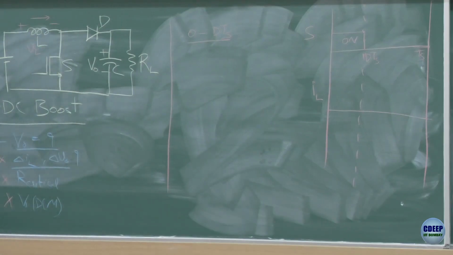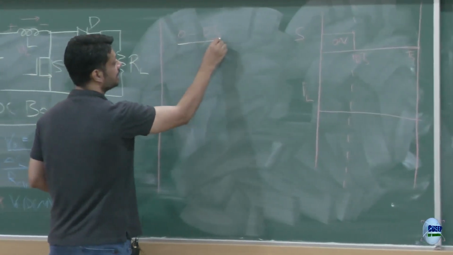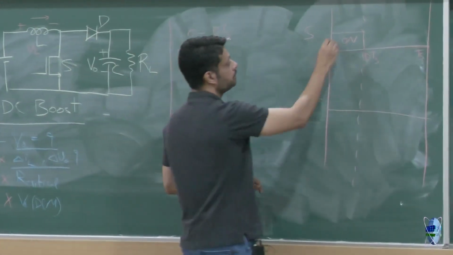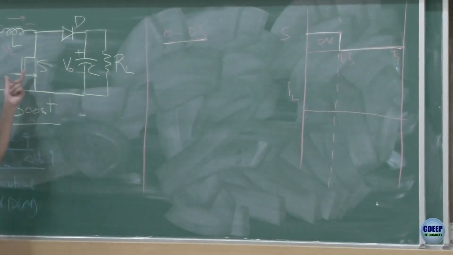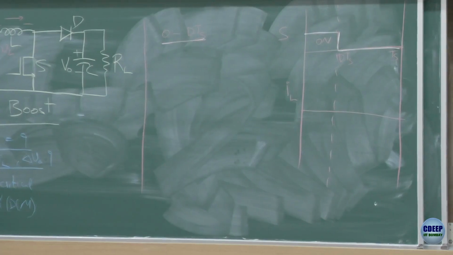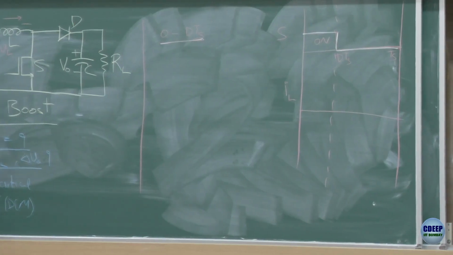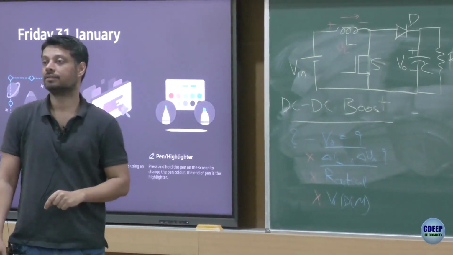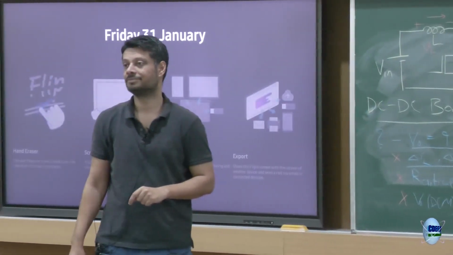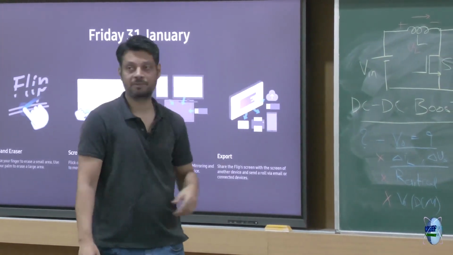What is the voltage across the inductor from 0 to DTs?